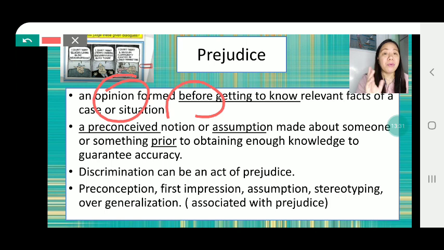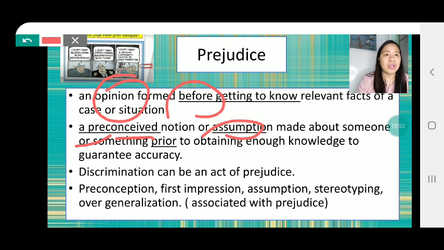Another, it is a preconceived notion. So, when we say conceive, it's concept, and then you already have a before concept, or what do we call, assumption. So, when we say assumption, even without basis, for you it's already the truth. Para sa'yo, ganun talaga, totoo talaga. Okay?